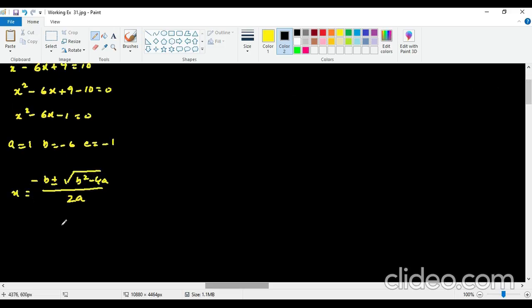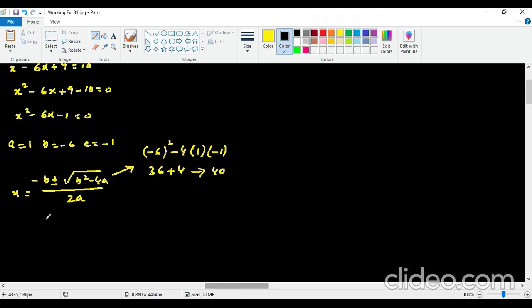So now in here we have two different values. First of all, I'll find the discriminant. The discriminant, b square, that means minus 6 square minus 4 times a, which is 1, and c is also negative 1. So this is going to become 36 plus 4. That means it's equal to 40.